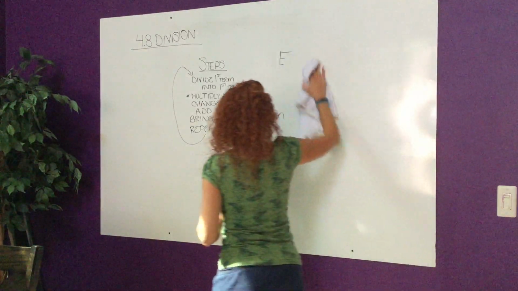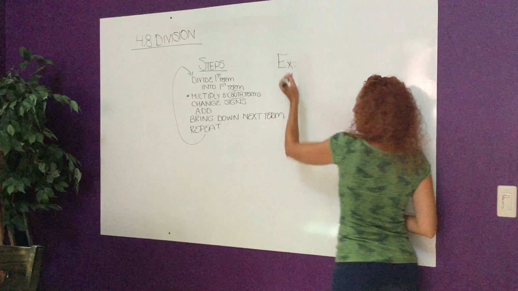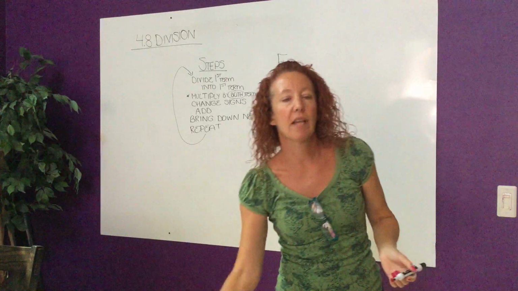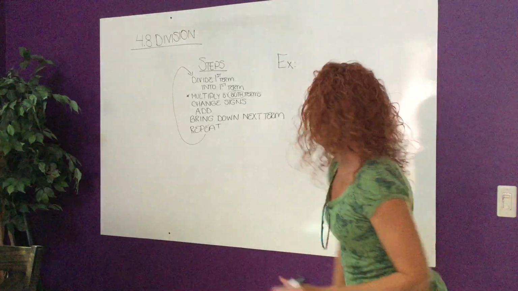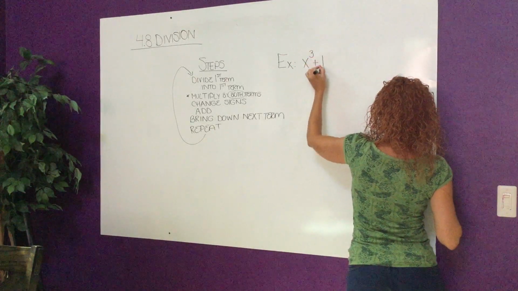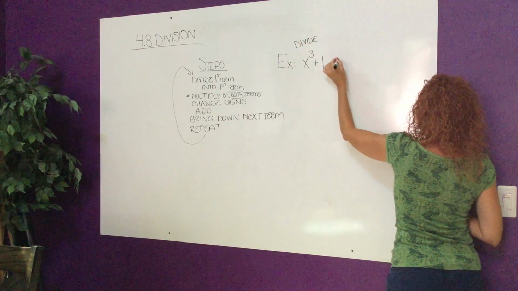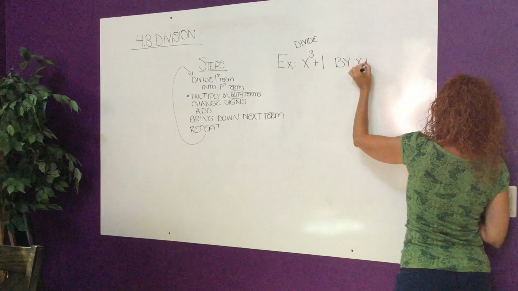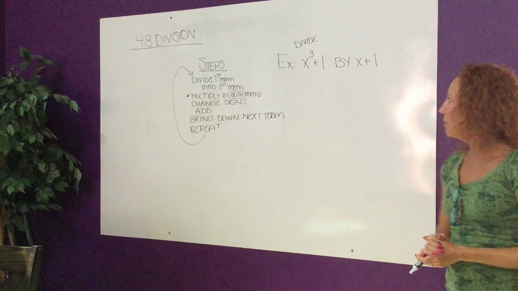If you are approaching an example where some of those terms might be missing, you need to add in some zeros. So for instance, let's say we have x to the third plus 1. Sorry about that. So let's say we have that kind of a situation.